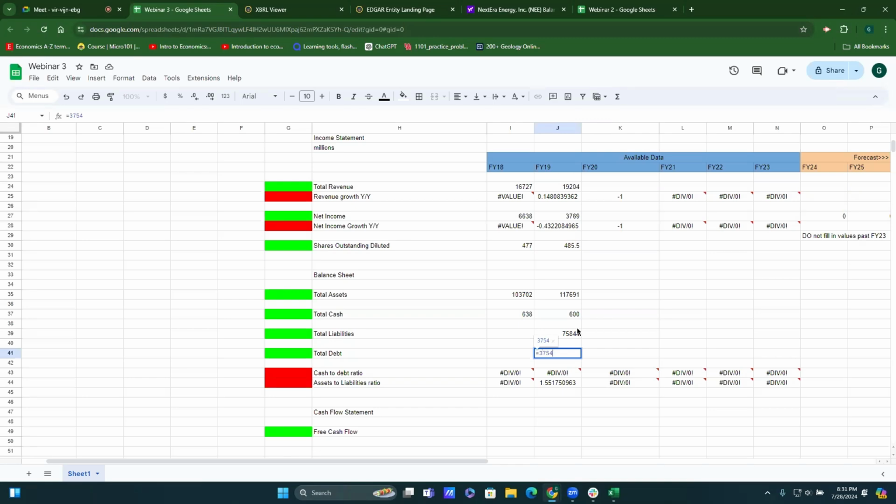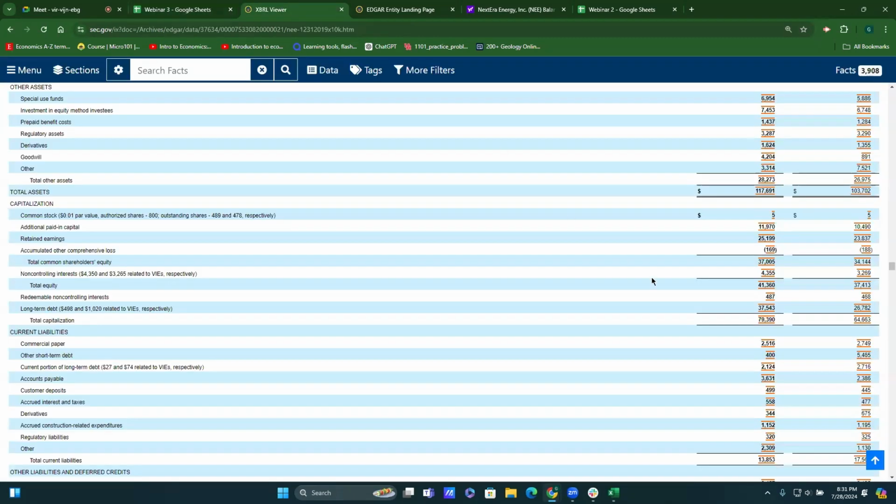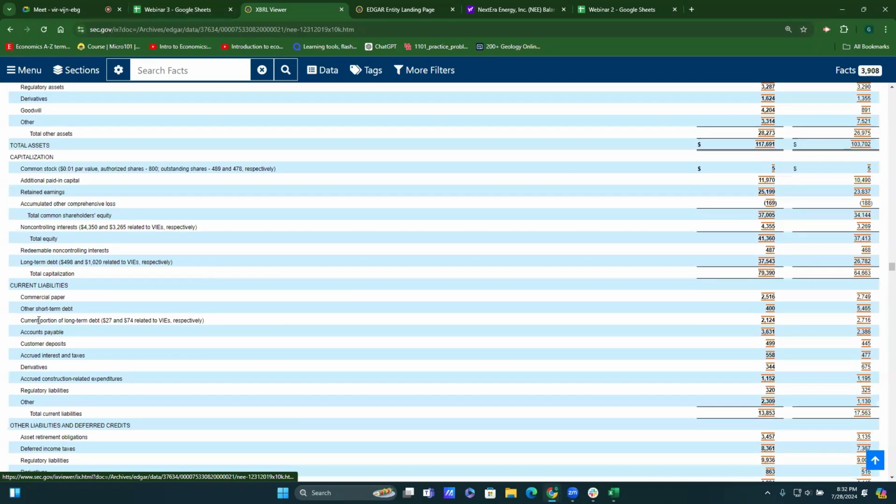I could see why. It does seem like something that can be easily automated, but as of now, you have to pay a lot of money to automate it. So for now, we're just going to use this. So long-term debt is going to be right here. We use that in total liabilities. All right, so we're saying it's 37543.